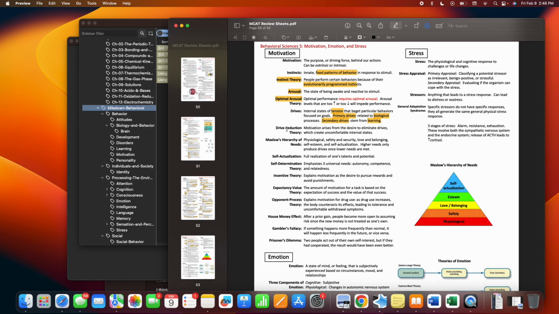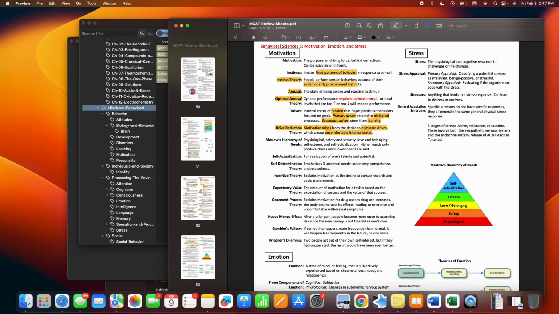And we have drive reduction theory, which is a motivation that arises from the desire to eliminate drives, which create uncomfortable internal states. So you want to reduce your drive. Motivation arises from the desire to eliminate drives. So you want to eliminate your drives. You don't want to worry about your financial problems anymore. So motivation arises from that, which creates uncomfortable internal states.